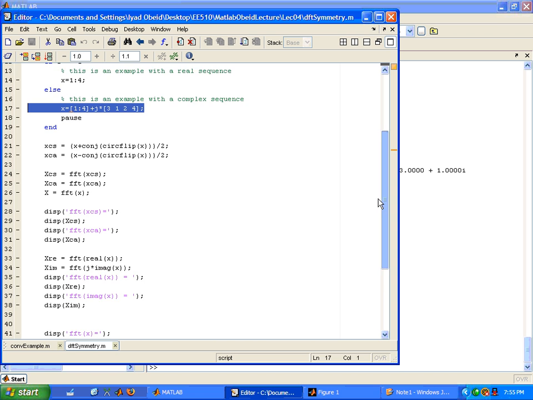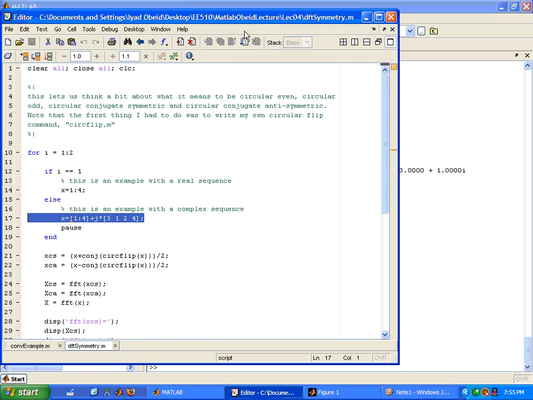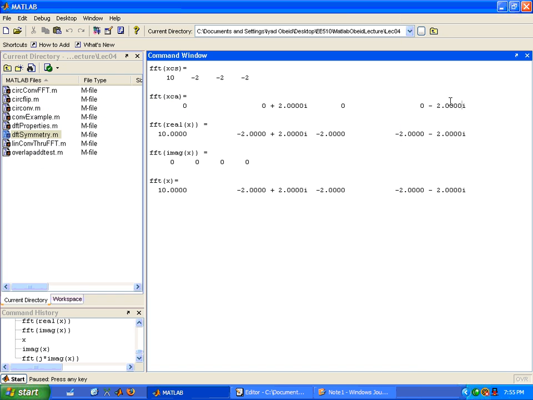That example did real and imaginary and also symmetric and antisymmetric. So if I run that the same way, what does it do? If you run this when you get home, you'll see that the FFT of the conjugate symmetric part was real, the antisymmetric part was imaginary, the FFT of the real part was symmetric, and the FFT of the imaginary part came out to be 0.